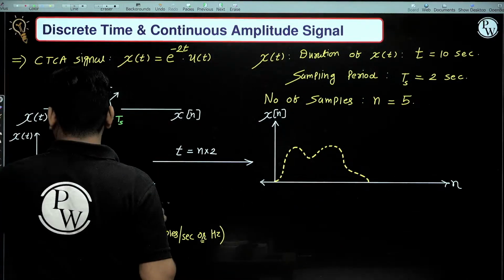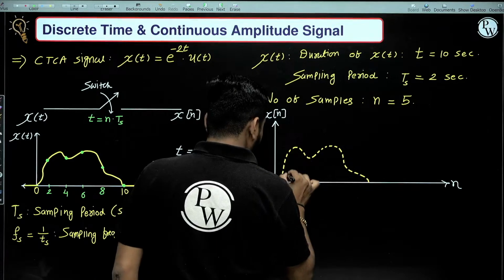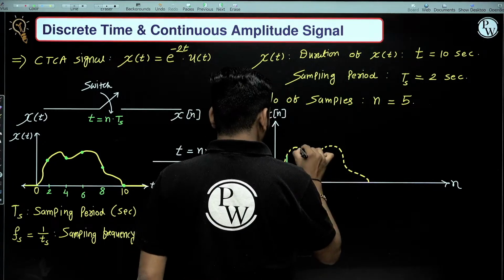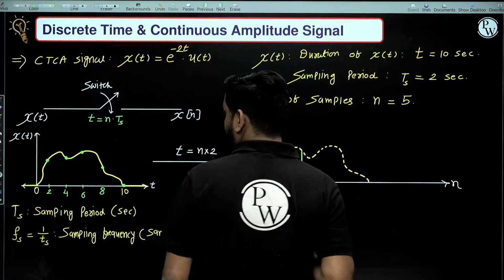So the first sample at t equal to 2 seconds is the representation of the discrete time signal.